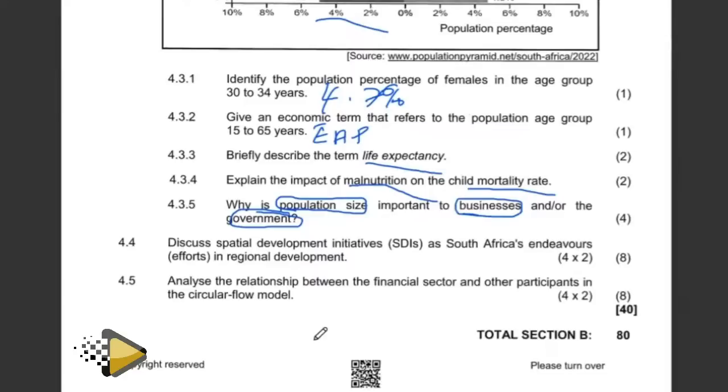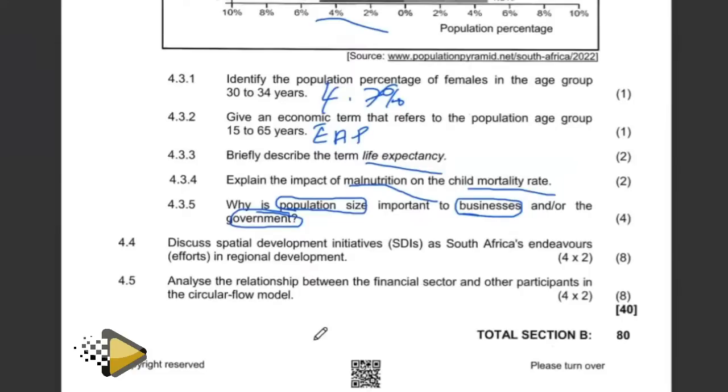Okay, the last question, but not the least: analyze the relationship between the financial sector and the participants in the circular flow model. In the circular flow model, we refer to the flow of production, the flow of income, as well as the flow of expenditure. When you talk of the financial sector, we refer to the money market as well as the capital market.